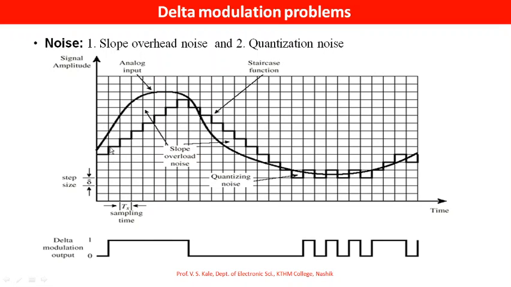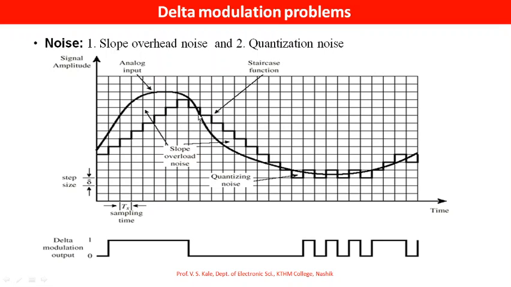Here the step size is fixed, but signal is rapidly changing. As it is changing more rapidly than the step size, there is much more gap between the actual staircase and the analog signal input. This is called slope overload noise.